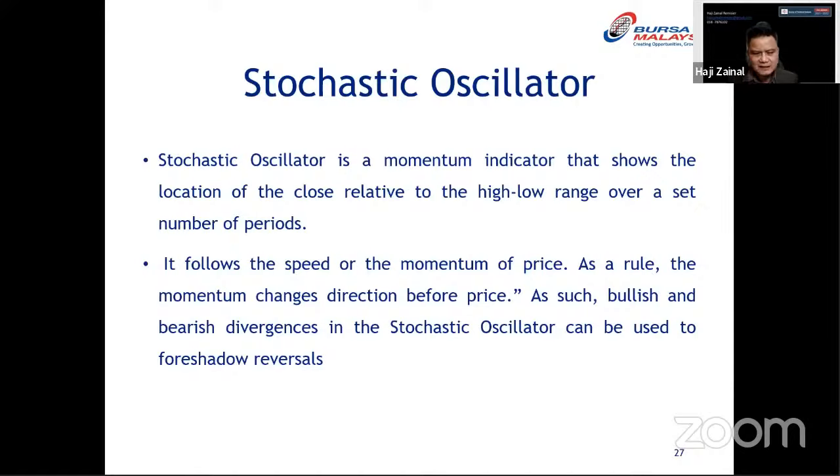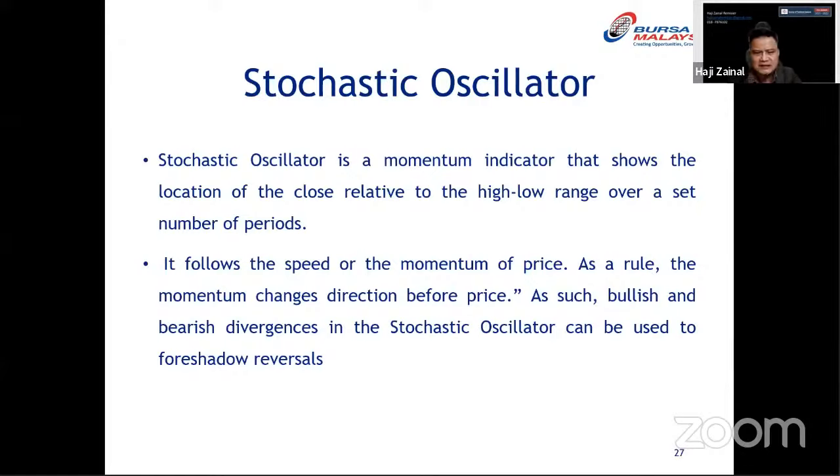The stochastic oscillator is a momentum indicator that shows the location of the close relative to the high-low range over a set number of periods. So the stochastic will take the high and the low. It follows the speed or the momentum of price. As a rule, the momentum changes direction before the price.